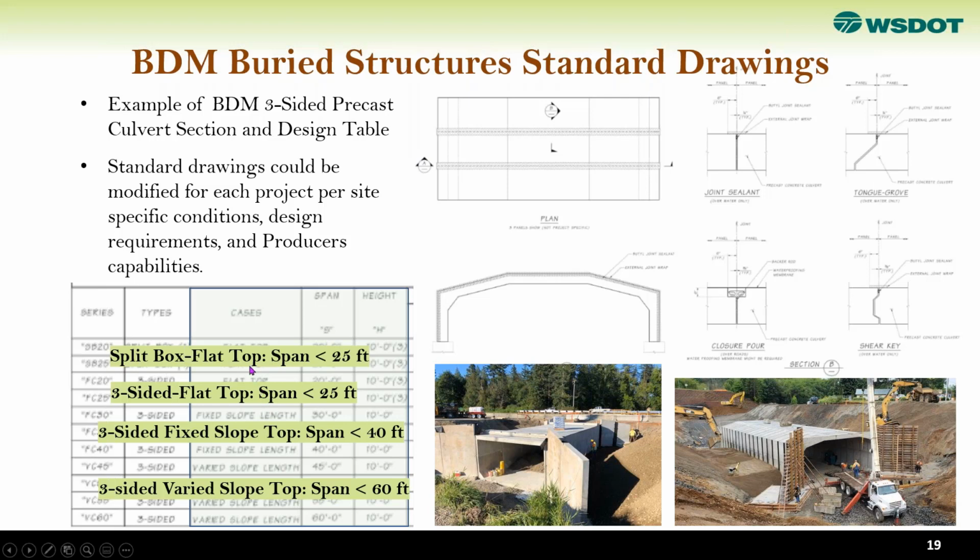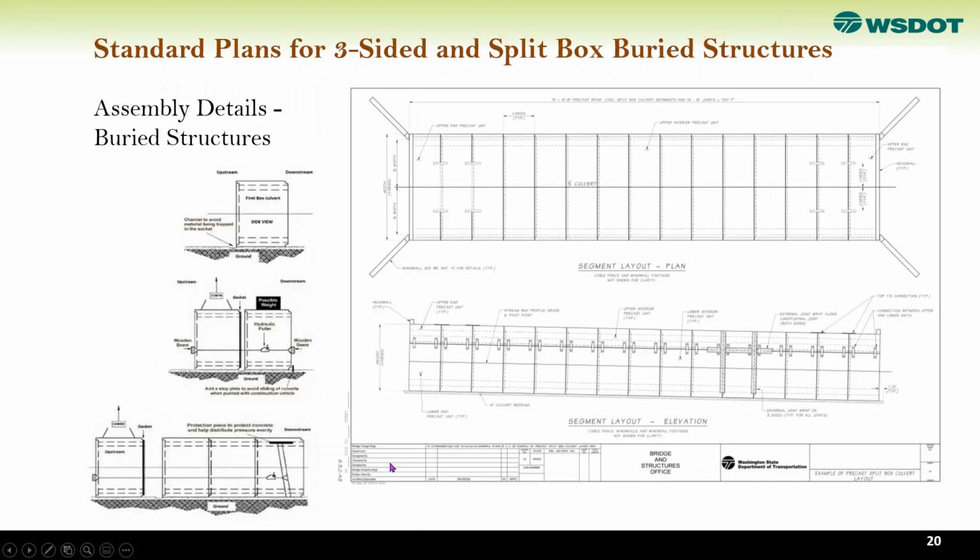Some of these are shown here: for a split box with flat top, we go less than 25 feet. Three-sided flat top span, we go up to 25 feet. Three-sided fixed slope, 40 feet, and three-sided variable slope, we go up to 60 feet. That's covered in our standard drawings.